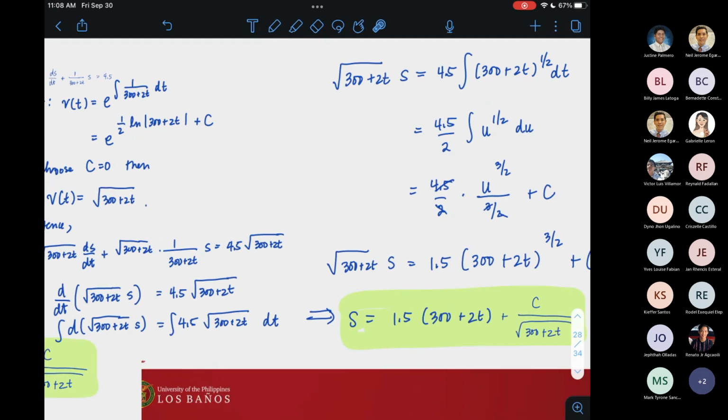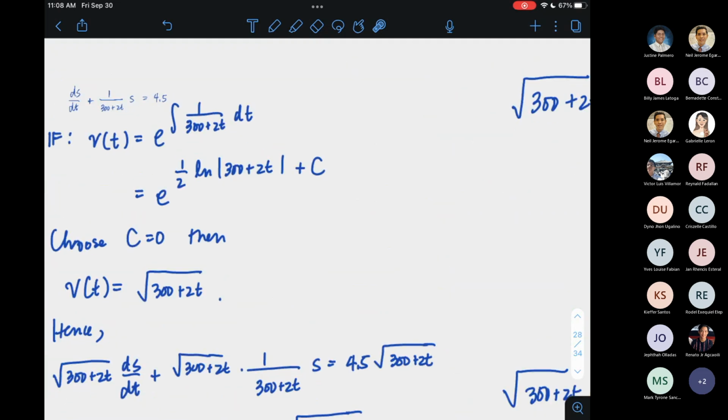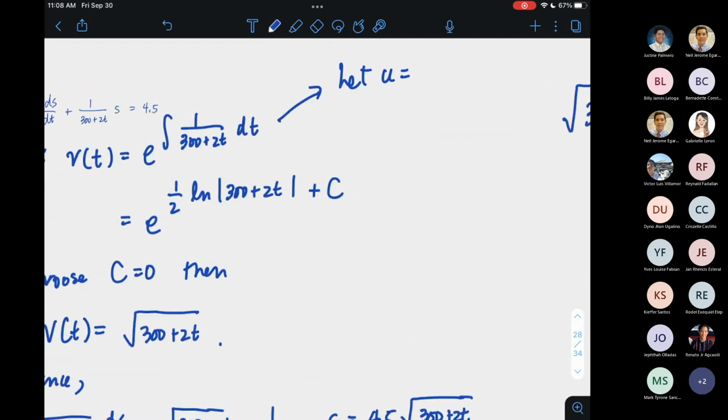Okay. So nangyari dito ay nag-let u ako to be equal to 300 plus 2t. So that means du will be 2 dt. So ibig sabihin si dt mapapalitan ng du over 2.